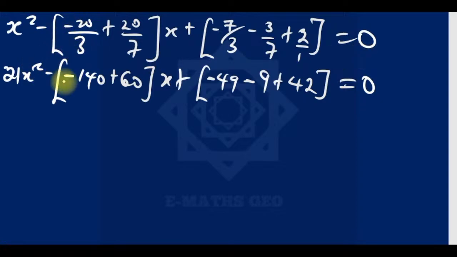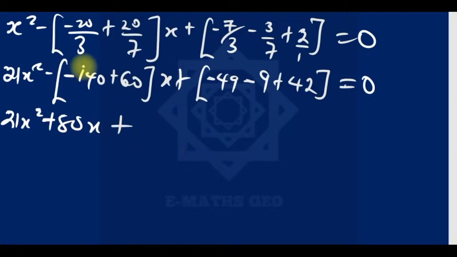Okay, we have 21x squared minus 140 plus 60 is minus 80, so minus times minus plus 80x.